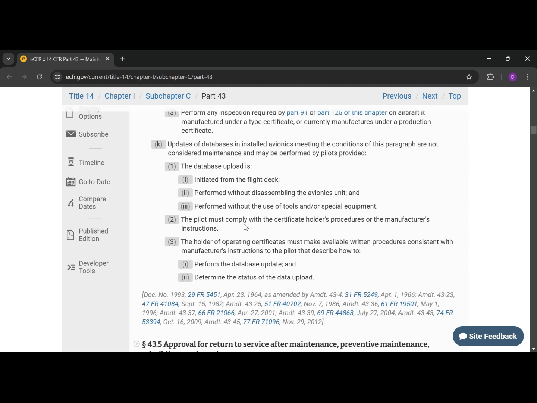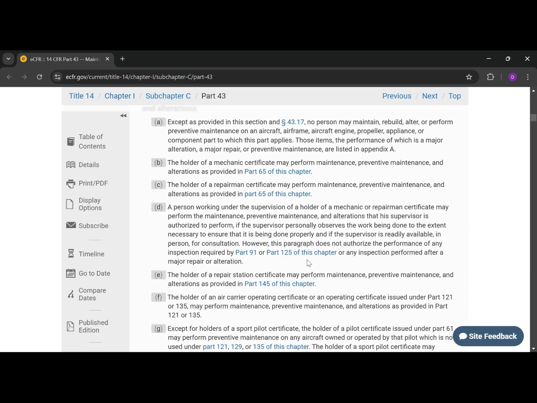The pilot must comply with the certificate holder's procedures or the manufacturer's instructions. The holder of operating certificates must make available written procedures consistent with manufacturer's instructions to the pilot that describe how to perform the database update and determine the status of the data upload.